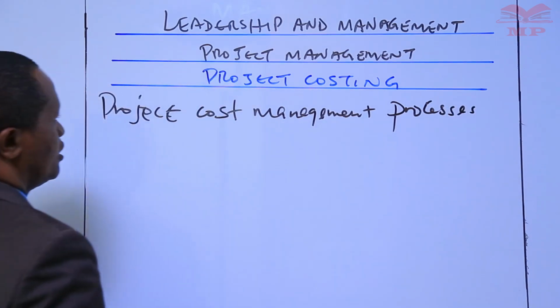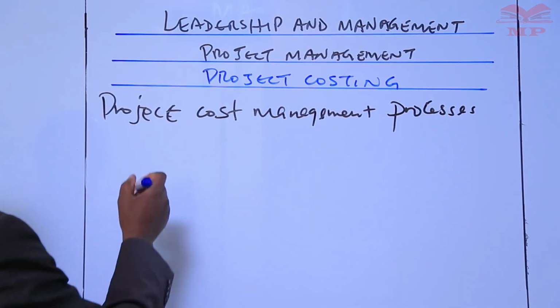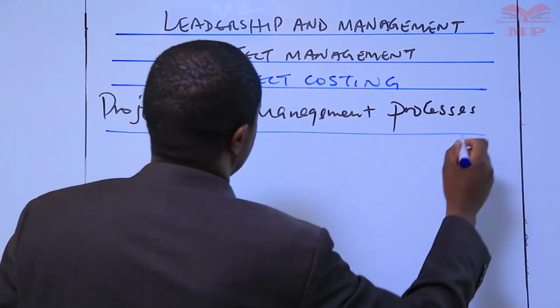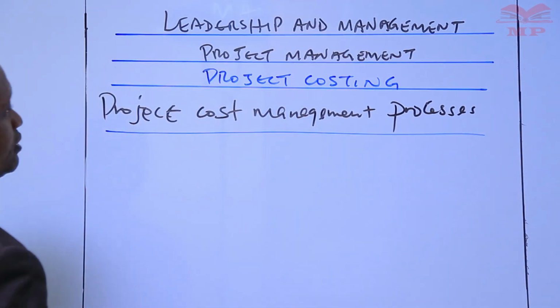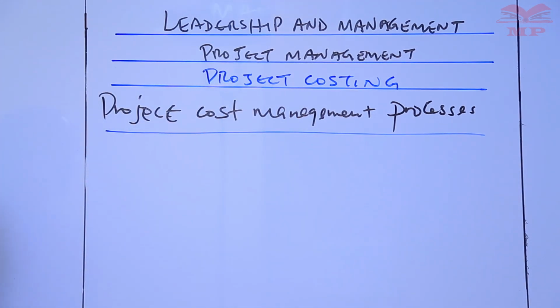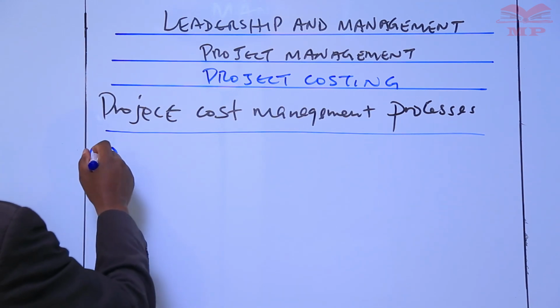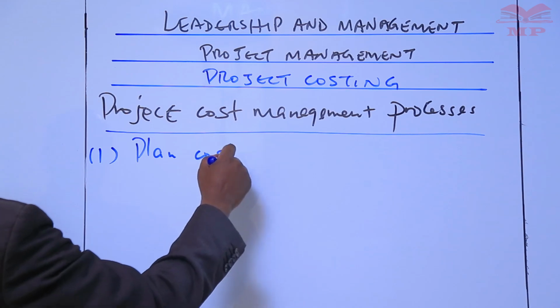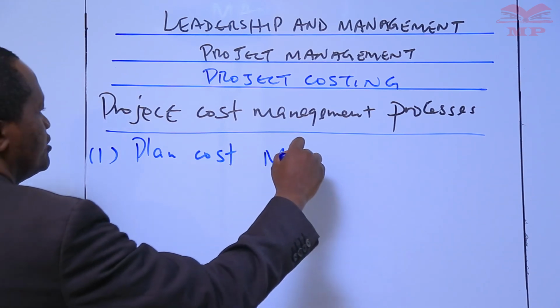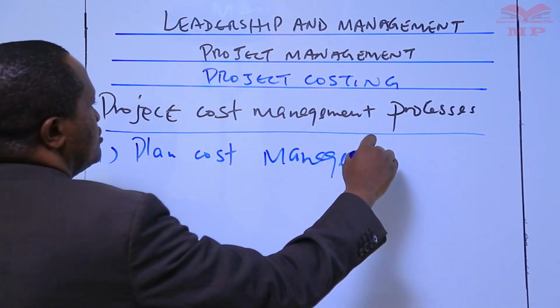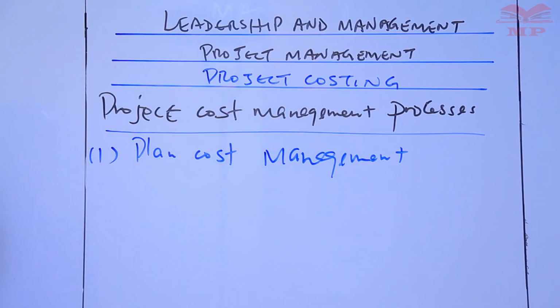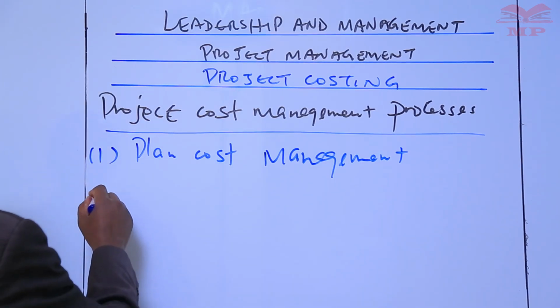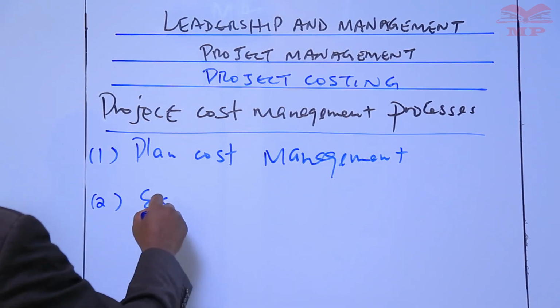What are these project cost management processes? The first process is known as, number one, plan cost management. Number two, we have estimating costs.